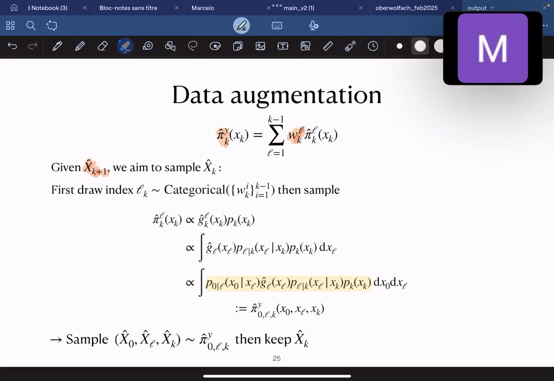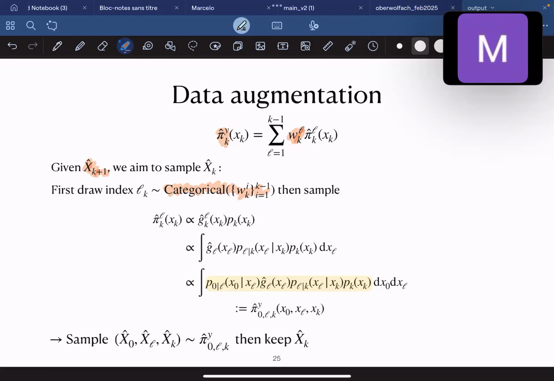Now I first sample the index l in my mixture according to the usual categorical distribution. And once I have sampled my l, here I dropped for notational simplicity the index k in l, now I want to sample from this pi hat_k^l, which is a product of g hat and p_k.